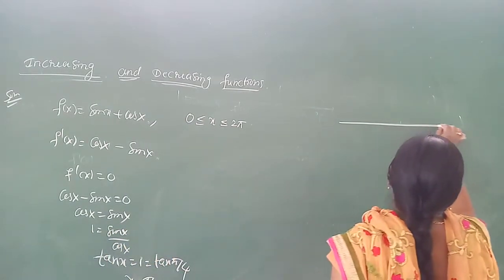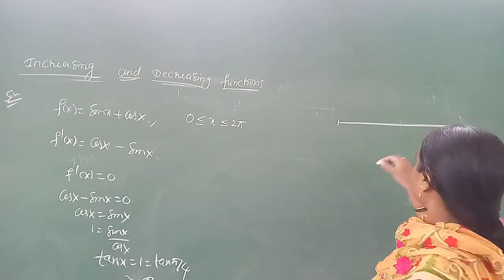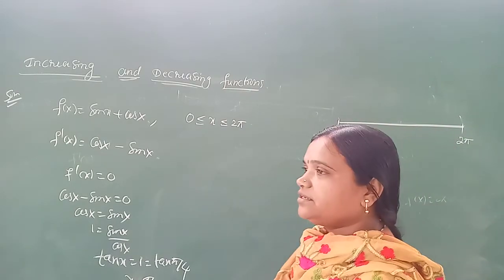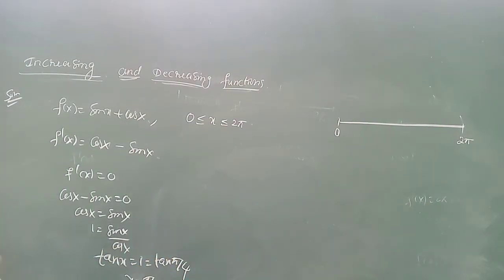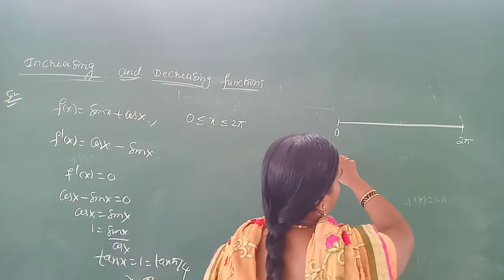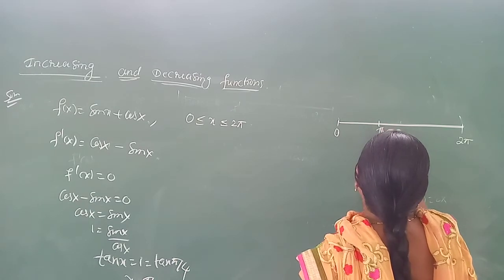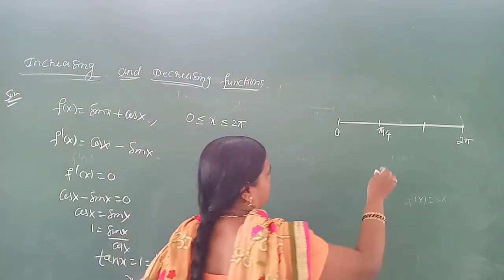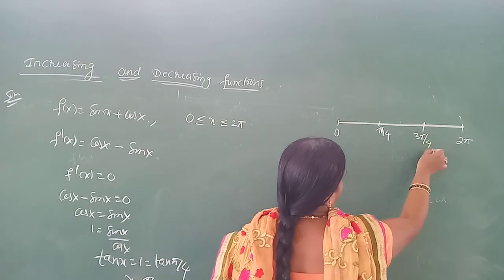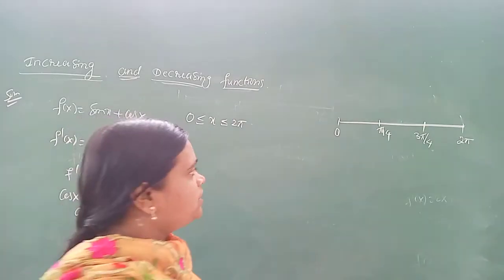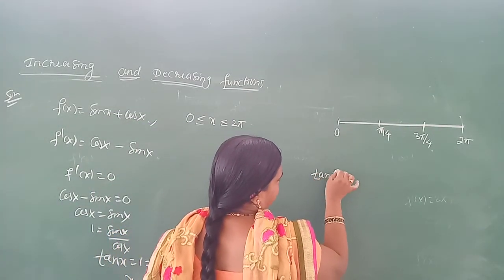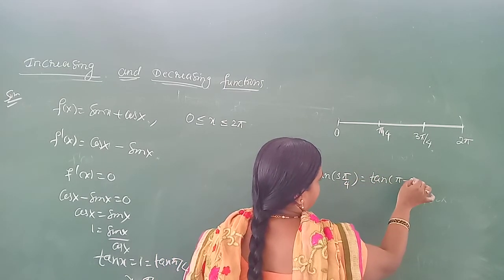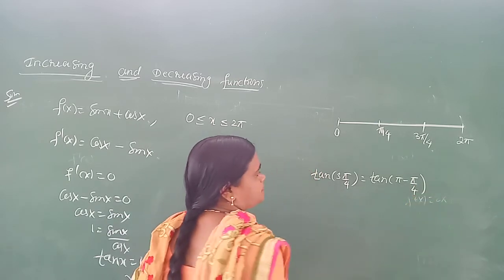But the interval is mentioned here, 0 to 2 pi, and we verify where 45 exists. The 45 exists in 0 to 2 pi. One possibility is pi by 4. Another possibility is 3 pi by 4. Why are we taking these two? Tan 45 is 1. If I take tan 3 pi by 4, that is tan of pi minus pi by 4.